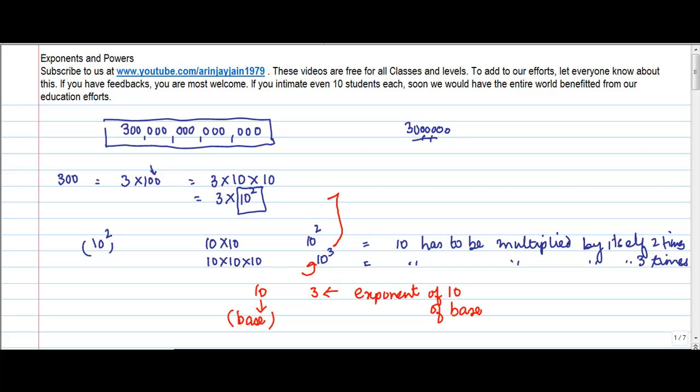You also call this 10 to the power 3, which means 10 multiplied by itself 3 times, or 10 cubed.